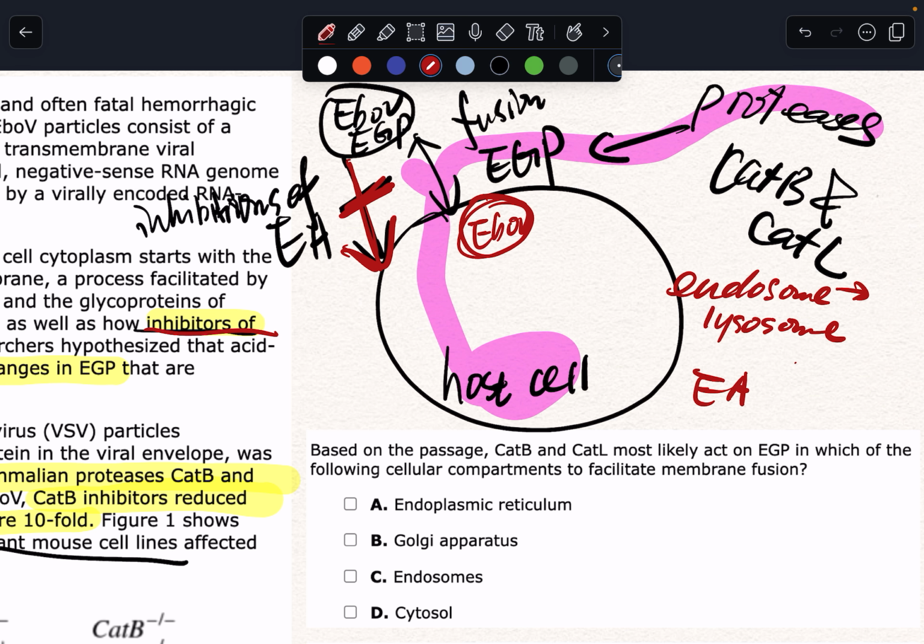Okay, so inhibitors of EA means no EA. No EA means the endosome is not acidified, so you do have the endosome, okay? So no EA, or inhibitors of endosomal acidification, means it will mature into the lysosome, and then later the virus gets degraded, so no infection.